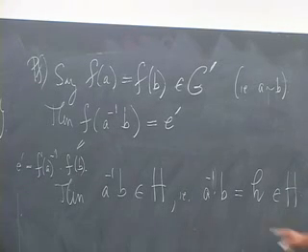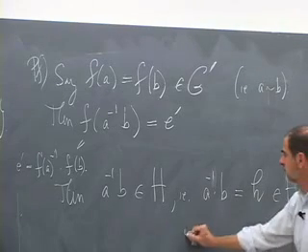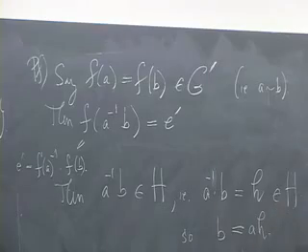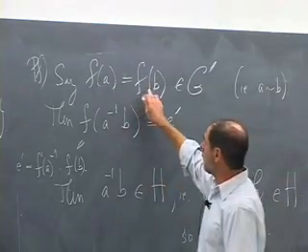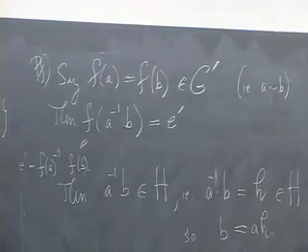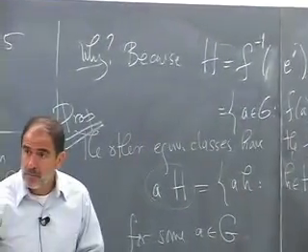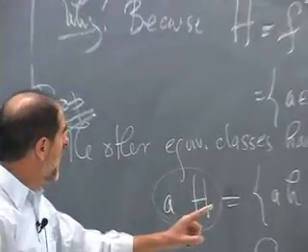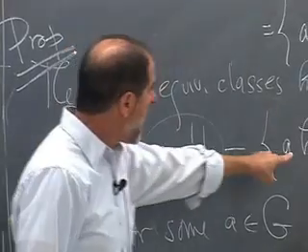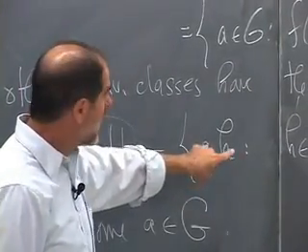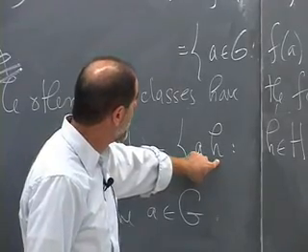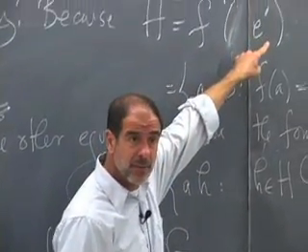Now multiply both sides by a on the left, so b equals ah. So if I have an element equivalent to a, it lies inside this set. Conversely, if I have anything in this set, it's equivalent to a, because if I apply f to an element like this, I get f of a times f of h, and f of h is, by definition, the identity element.